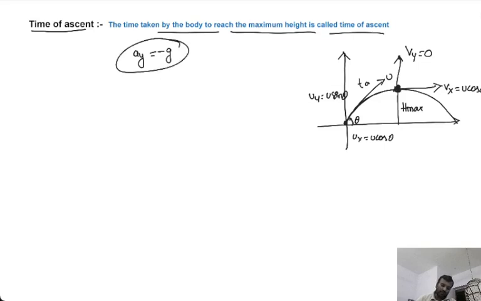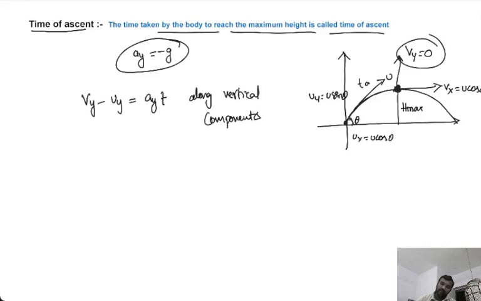So you find the time of ascent by using the equation of motion, Vy minus Uy is equal to Ay t, along the vertical components. Vy here is 0.